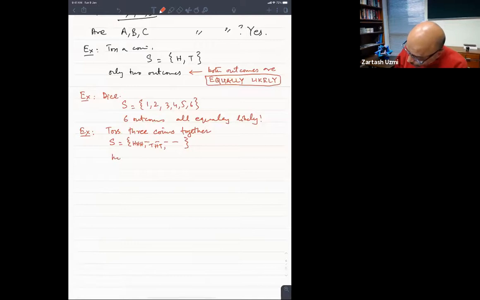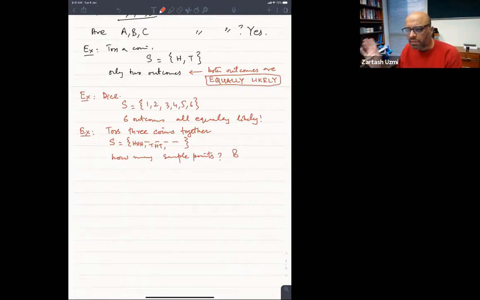How many sample points? Answer in the chat window. How many sample points or how many outcomes in the sample space? 8. Why? पहला कॉइन जो है दो वेज में आ सकता है, दूसरा कॉइन के भी दो वेज हैं और तीसरे के भी दो वेज हैं. बेसिक काउंटिंग प्रिंसिपल 2 times 2 times 2, 8 outcomes. All of those are equally likely if the coins are fair. ठीक है?